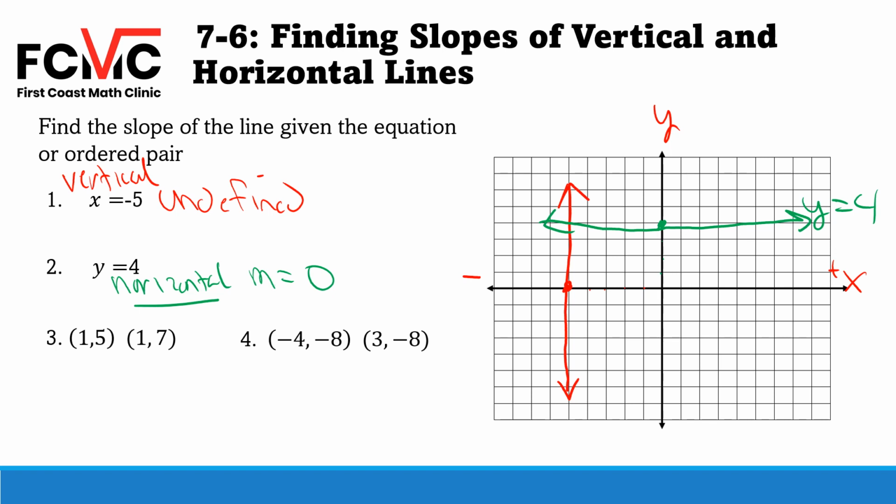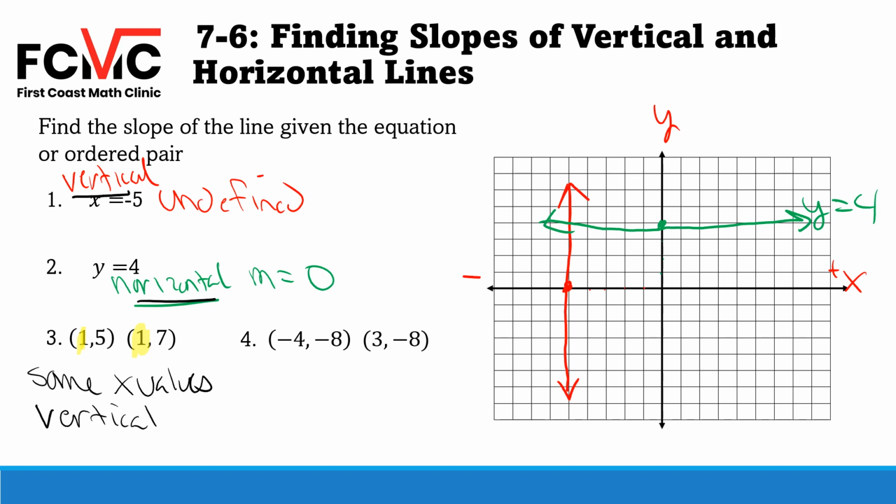All right, what about number 3? Well, for number 3, we notice we have the same x values. And since we have the same x values, 1 and 1 here, what kind of line does that make it? Does that make it a vertical line or horizontal line? If we have the same x values, it has to be a vertical line.